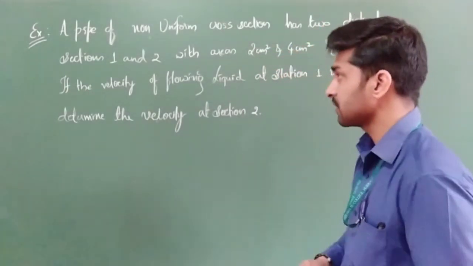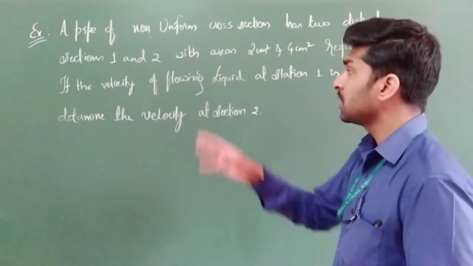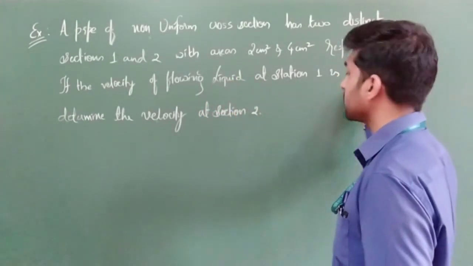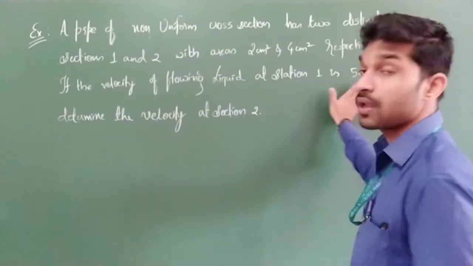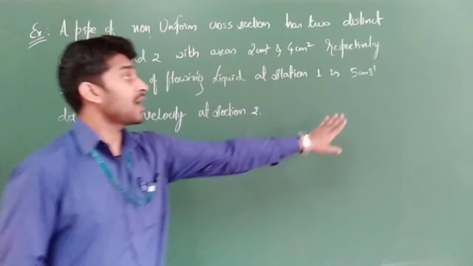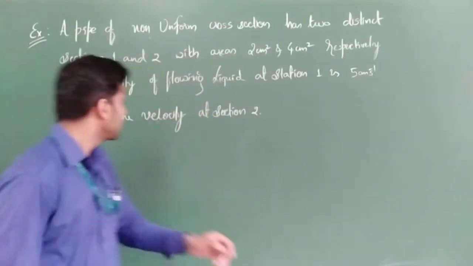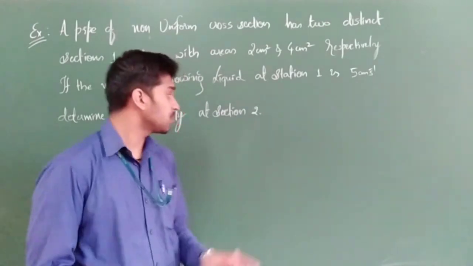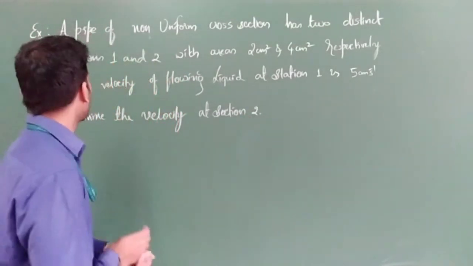Next, the velocity of flowing liquid at station 1 is 5 centimeters per second. For the first end, the velocity is 5 centimeters per second. Clear? Next, determine the velocity at station 2. Okay, this is 2. So how can we go?